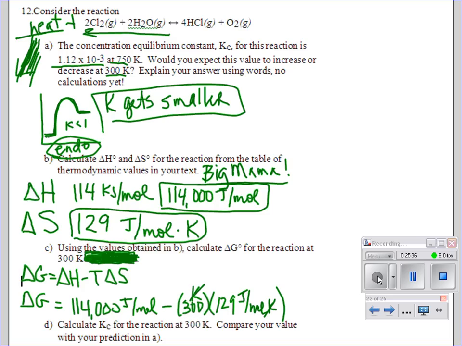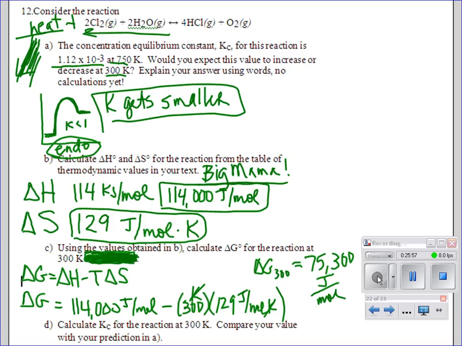My Kelvin cancel, leaving me with joules per mole as my answer. And they got a delta G at 300 of 75,300 joules per mole. Yes.